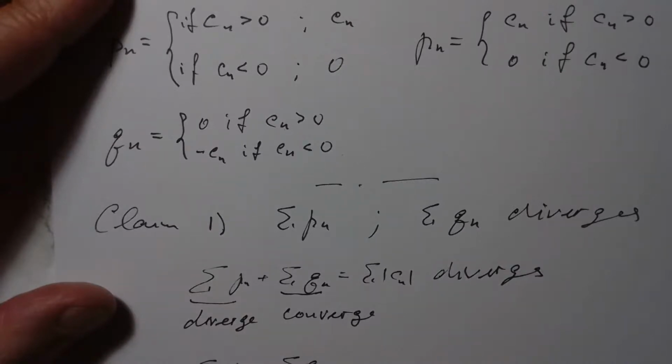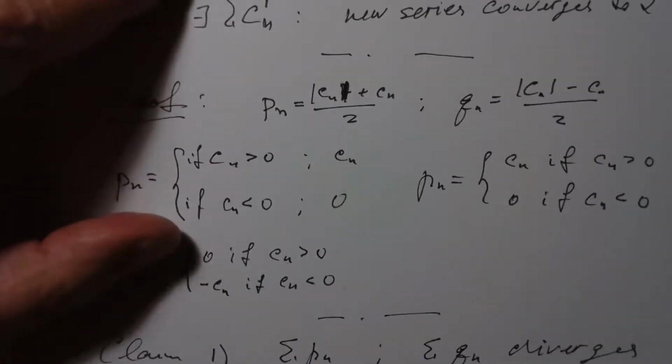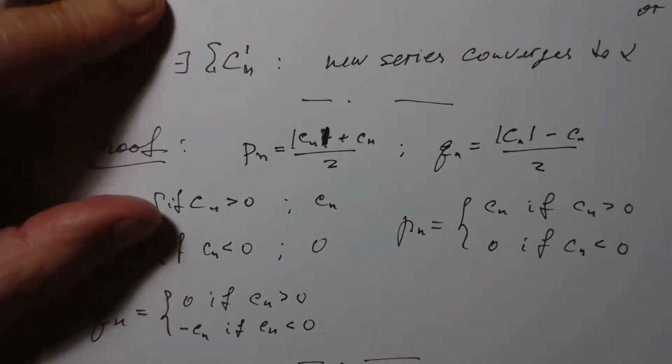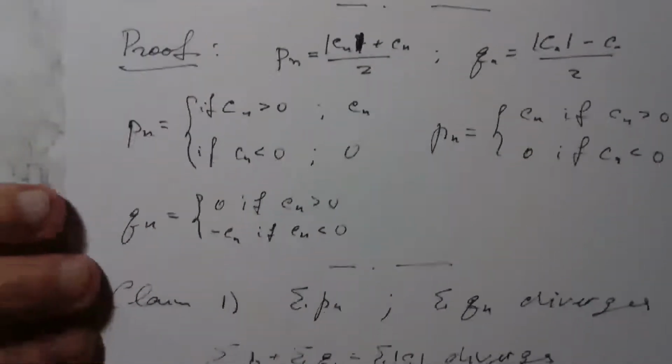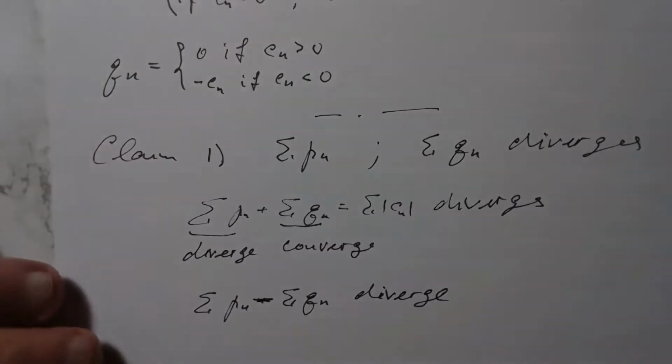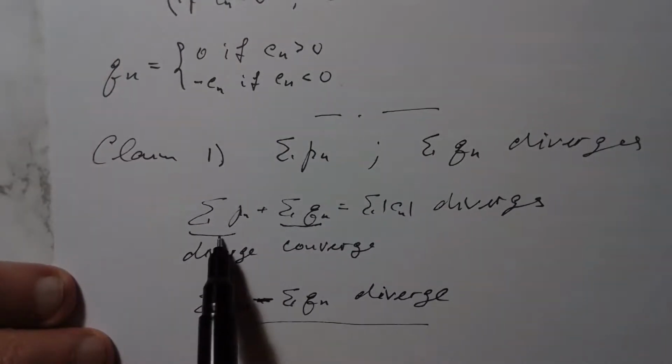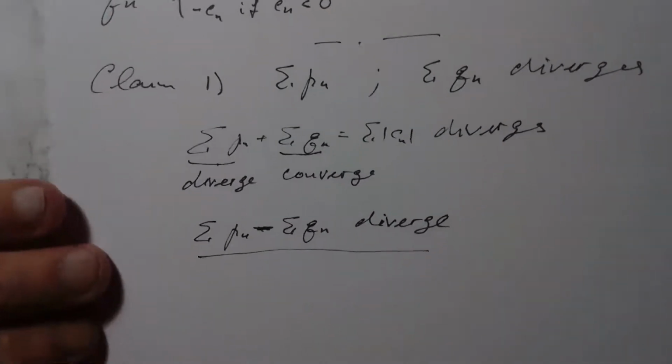This converges, this diverges, and so this series will diverge with a minus sign. And of course, the series with a minus sign is nothing else but the series with Cn, and we know that the series converges. So as a conclusion, we conclude that both series with Pn and Qn diverge.